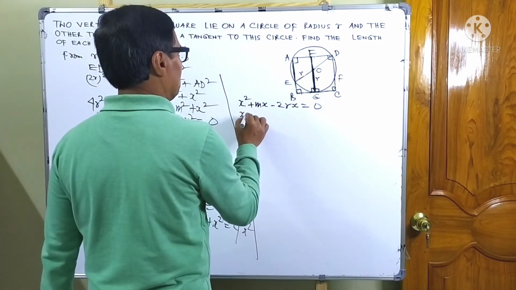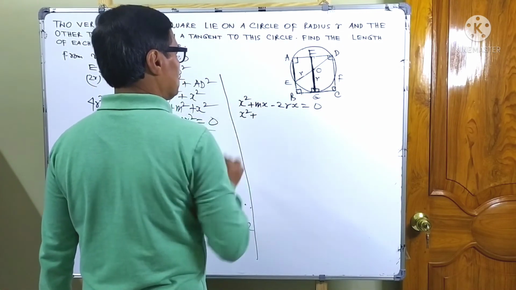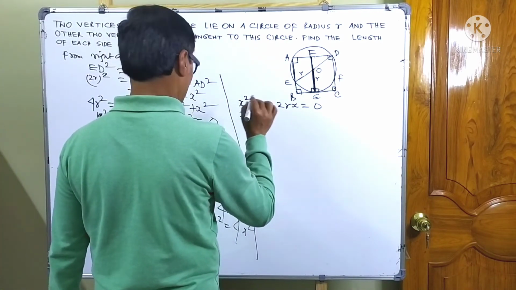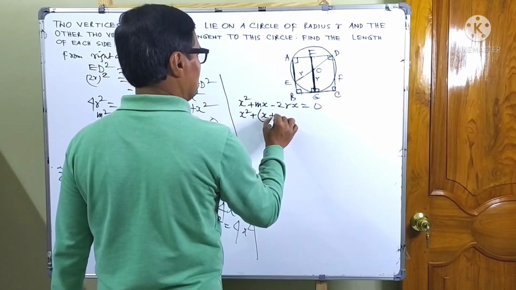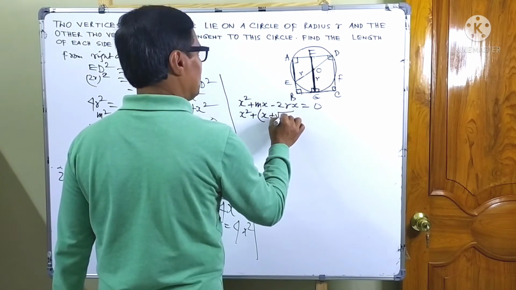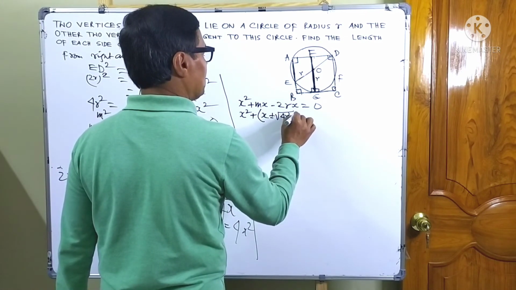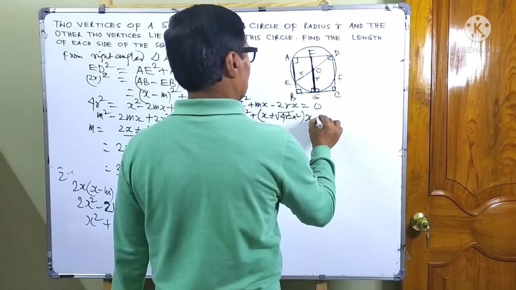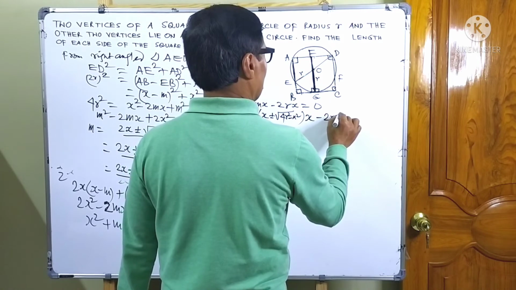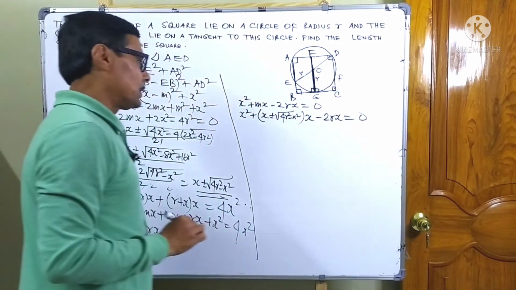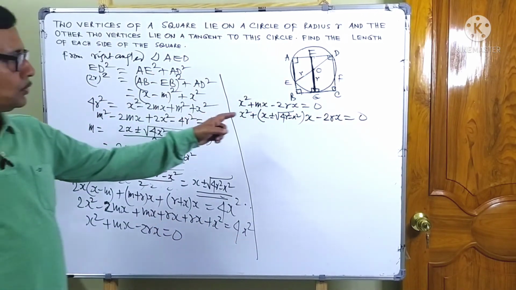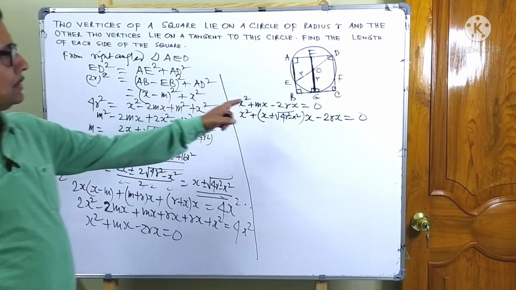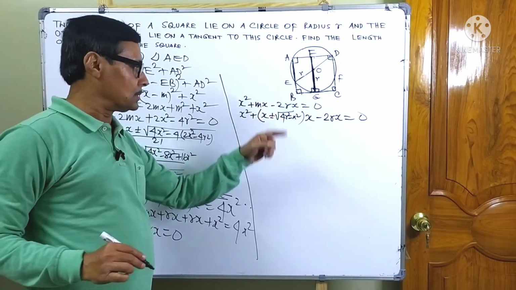So, x square plus m, that is x plus minus root of (4r square minus x square), multiplied by x, minus 2rx is equal to 0. We have put the value of m in this equation.